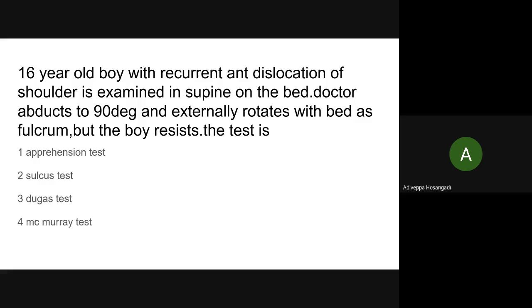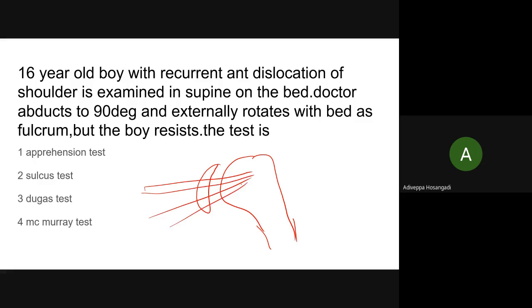In Putti-Platt's procedure, there is a glenoid, there is a head here, and there is a subscapularis here anteriorly, isn't it? When our shoulder dislocates, whenever you externally rotate and abduct, what they do is cut this subscapularis and shorten it.